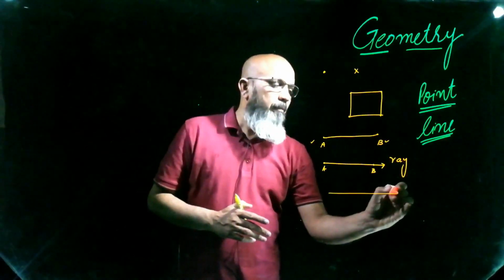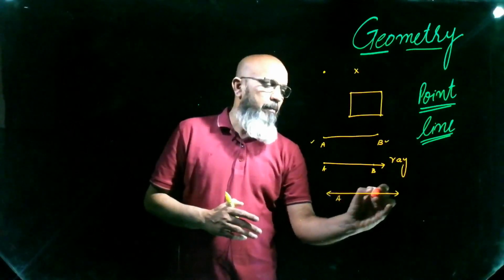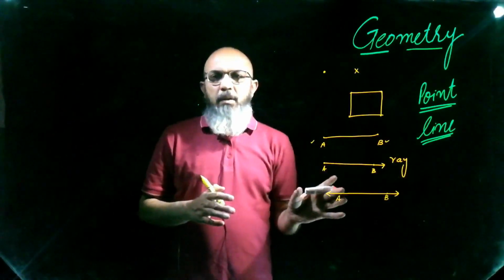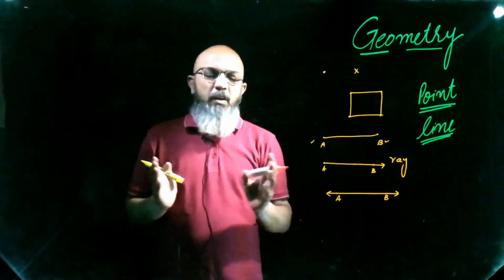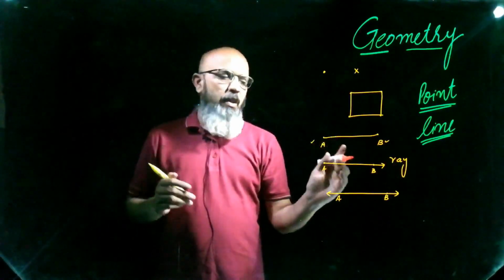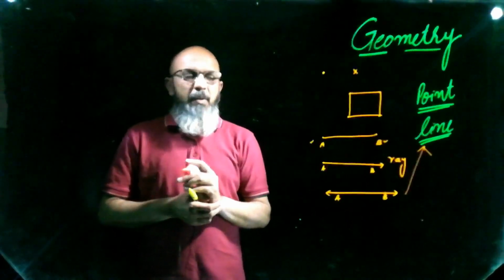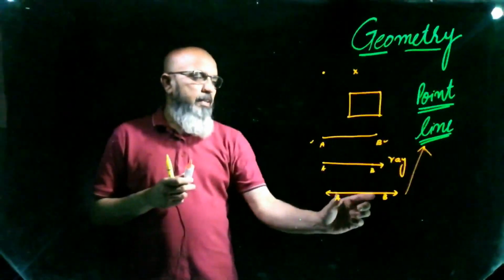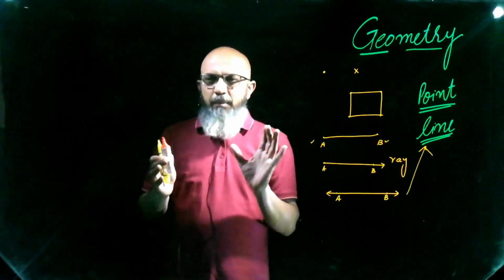If we have 2 points A and B and we can extend the line segment in both directions infinitely, this arrowhead shows we can extend in both directions. That is called a line. So now it is clear what is a line, what is a ray, and what is a line segment.